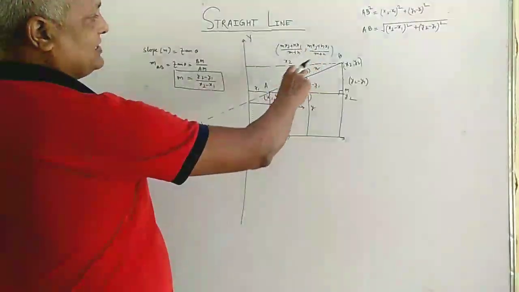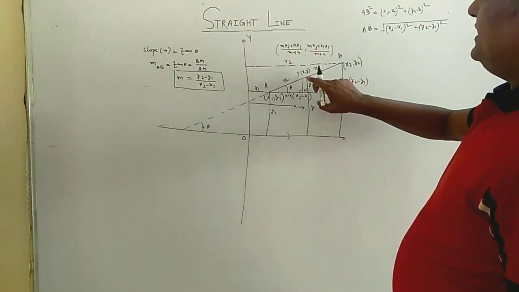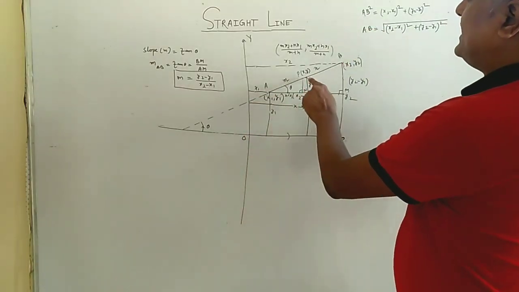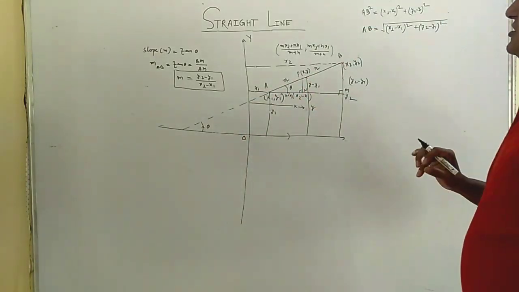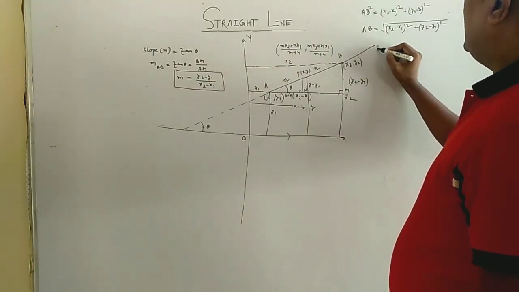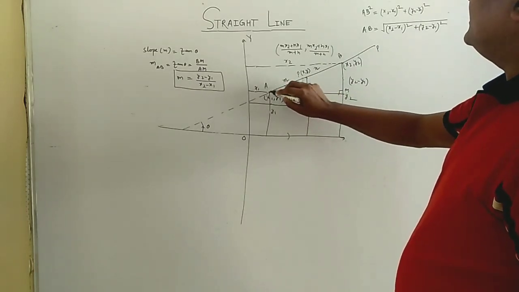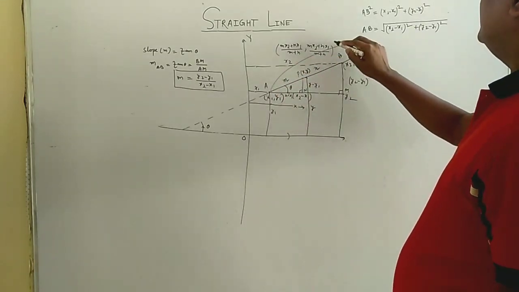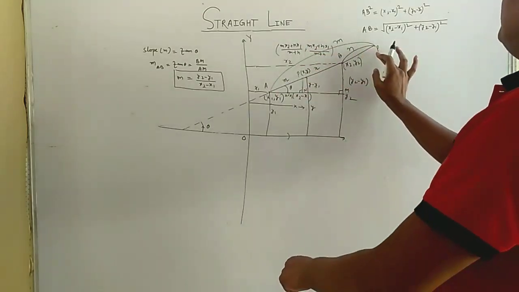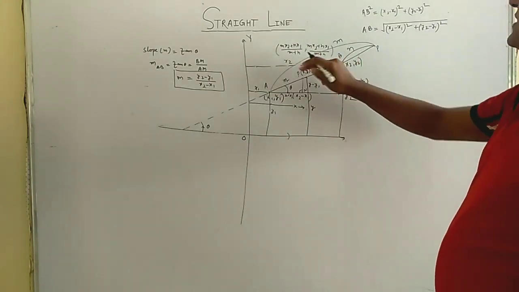So this is called the internal section. Why is this called internal section? Because P is lying between A and B. So if P lies between A and B, this is called internal section. But suppose P is outside, so the ratio m is to n will be treated like this, and in this section the formula will become just negative.